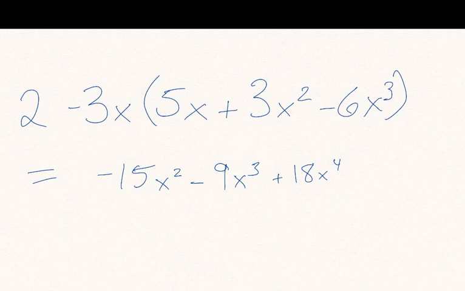Is that all? Yeah. We're missing something. I was asking, is this 2 part of it? If it's there, then it's part of it, yeah. So where does 2 go? What happens with that 2?